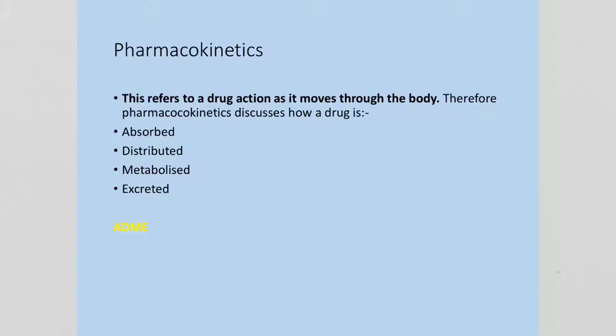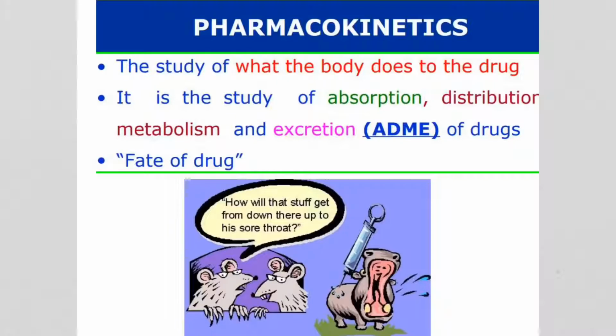Pharmacokinetics. This refers to the drug action as it moves through the body, how it's absorbed, which of course depends on the route of administration, how it's distributed, how it's metabolized, and then how it's excreted from the body, known as ADME, A-D-M-E.